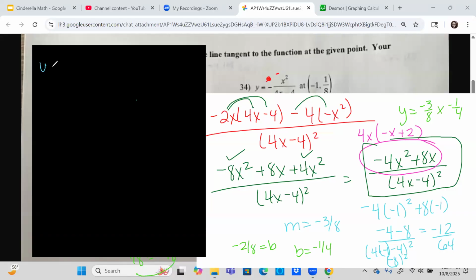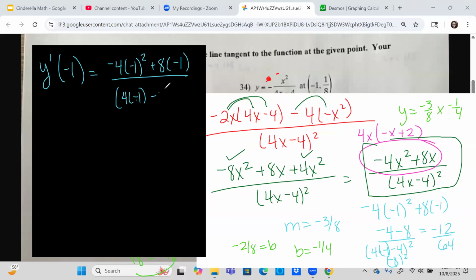So we are redoing y prime evaluated at negative 1. So that's negative 4 times negative 1 squared plus 8 times negative 1, all over 4 times negative 1 minus 4 squared. So on the top, we get negative 4 times 1 minus 8, so that's negative 12.